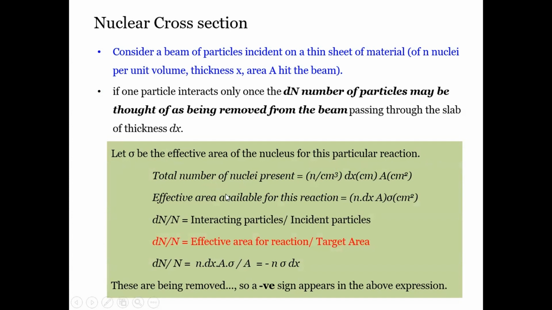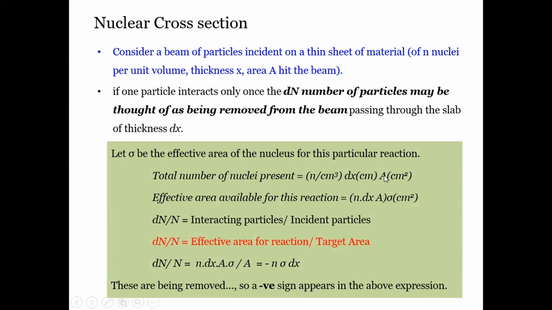Then the total number of nuclei present in the path is the number of nuclei n per unit volume multiplied by the thickness dx and A, the cross-section area of the beam which is removed.